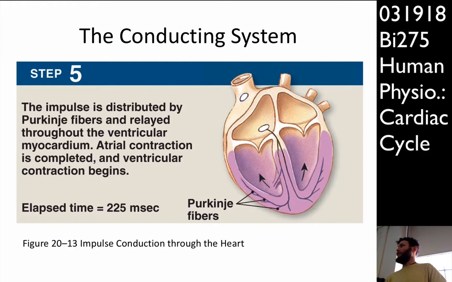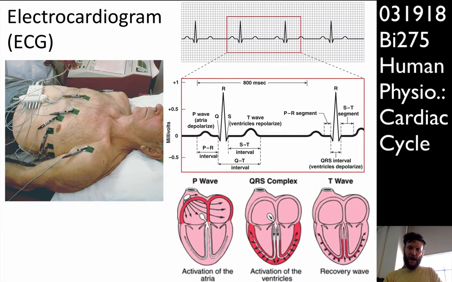This impulse is distributed throughout the wall, the myocardium, of the ventricles. Atrial contraction completes, and the atria enter what is called diastole, and the ventricles enter systole, or contraction. So the AV valves, the atrioventricular valves, the bicuspid and tricuspid valves, close, the ventricles contract, and blood gets ejected.